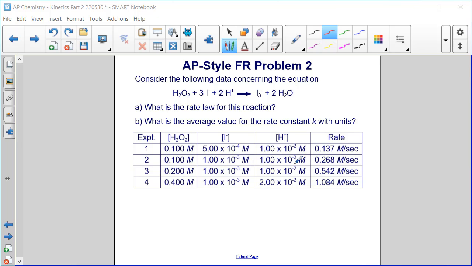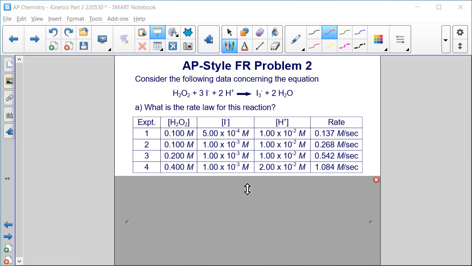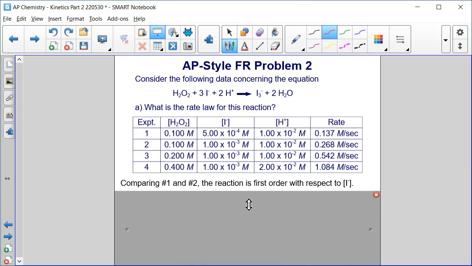So we can write the rate law and then find the rate constant. All right, so let's do some comparisons here. You can always set up those mathematical proportions that we've shown before, but I think we can see this pretty straightforwardly.